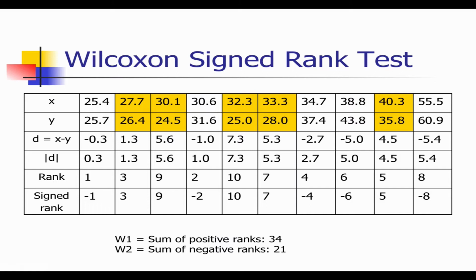The last thing that you do is you get the signed rank, which is you use this rank and you assign a sign based on the actual sign of the difference. So here 0.3 is negative in the actual difference, so you get a negative 1 here. And here you get a negative 2. So this is how the name comes from. You get a rank, but it's a signed rank, and the sign is assigned according to the actual difference.